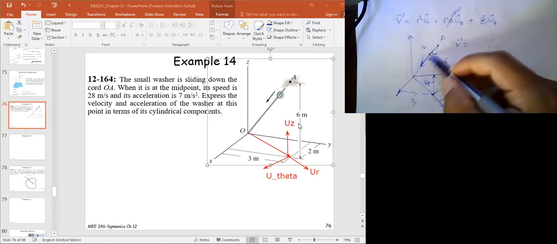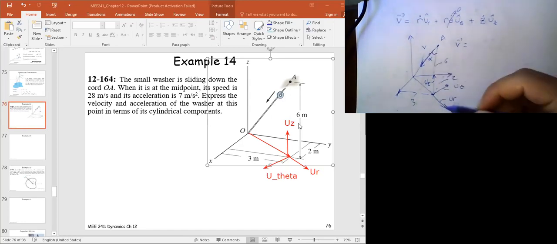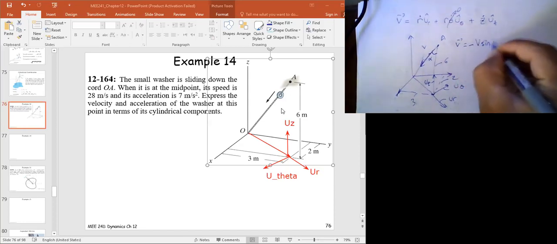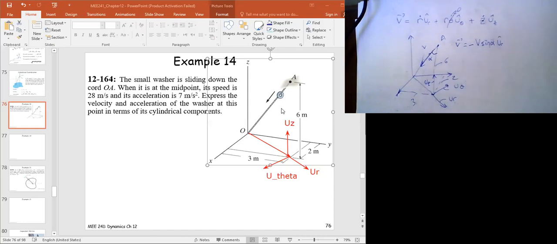What is the projection of the velocity vector along UR? Exactly, minus V sine alpha in the UR direction. You guys agree? Right, so yes, minus V sine alpha UR.